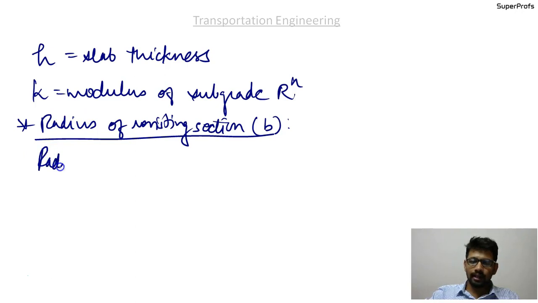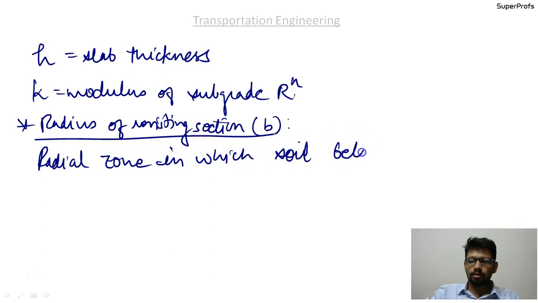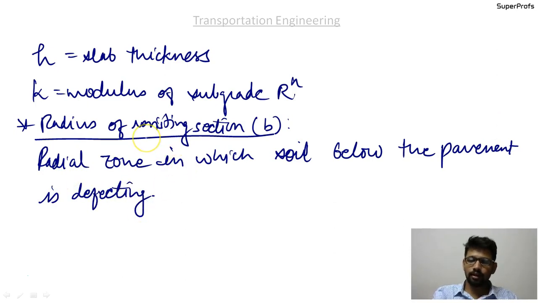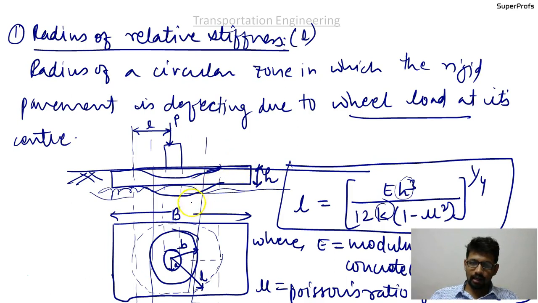Please write down: the radial zone in which the soil below the pavement is deflecting. That is the radius of resisting section, larger than the a value and smaller than the radius of relative stiffness. It depends on how the stress distribution takes place.